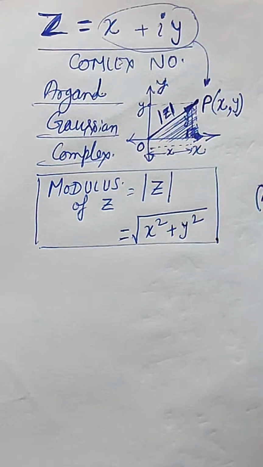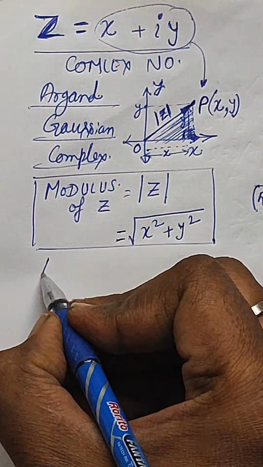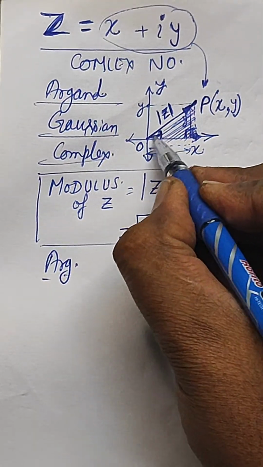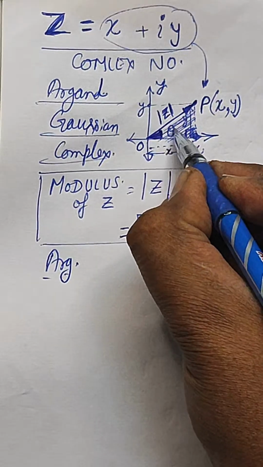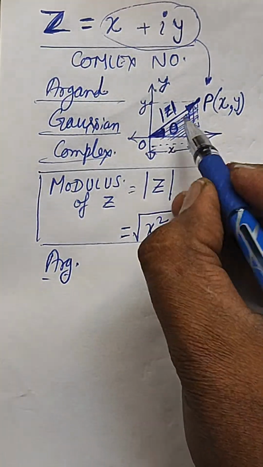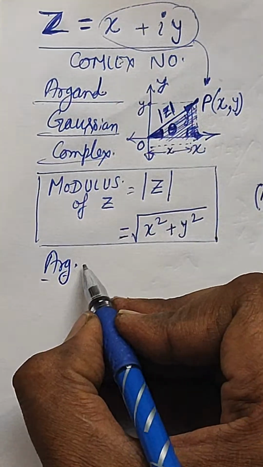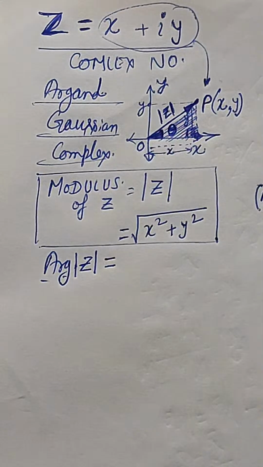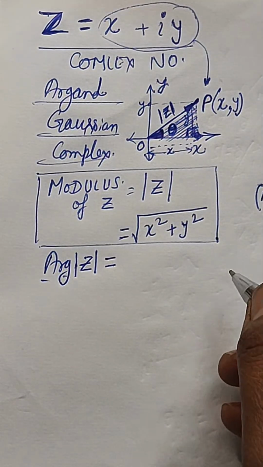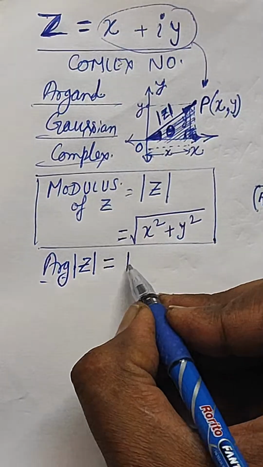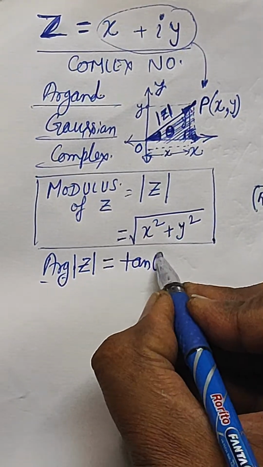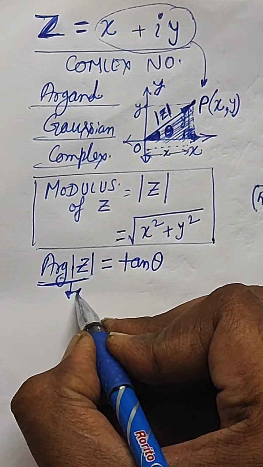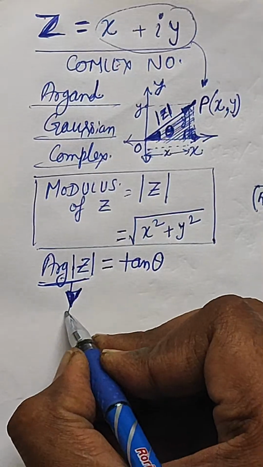And what is the argument? My dear friends, for the argument, this will be the angle which the modulus is making, and this is the angle theta. So the argument of the complex number z is basically theta, which can be represented as follows.